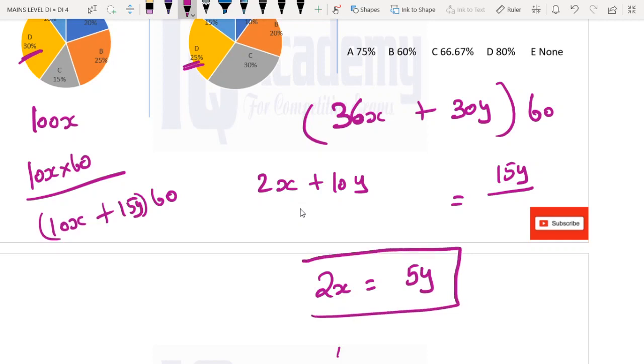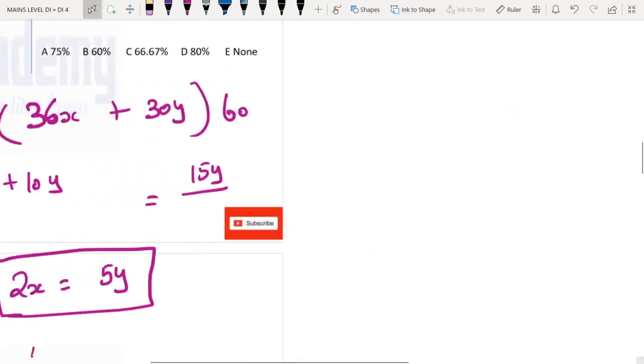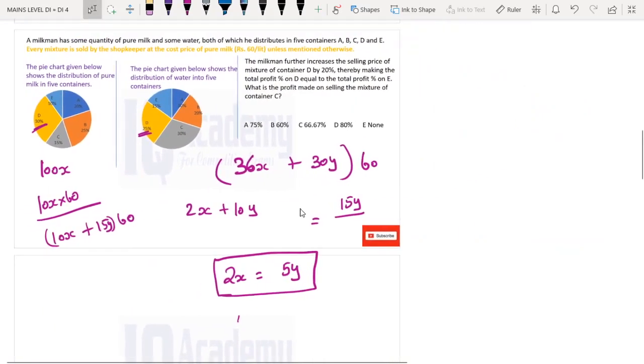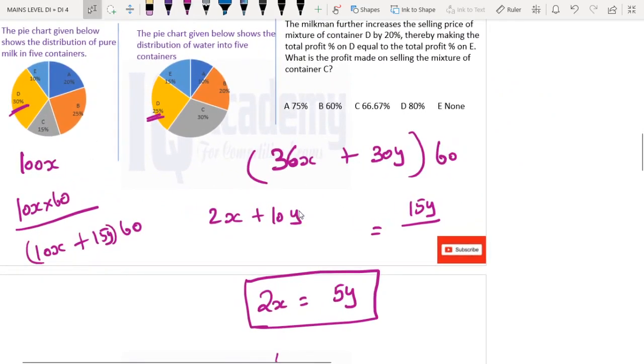So now we find the relationship between x and y: 2x equal to 5y. Now the question is, what is the profit percentage made on selling the mixture of container C?